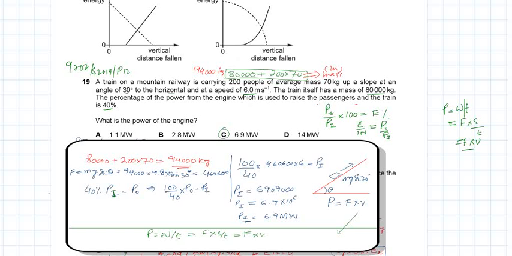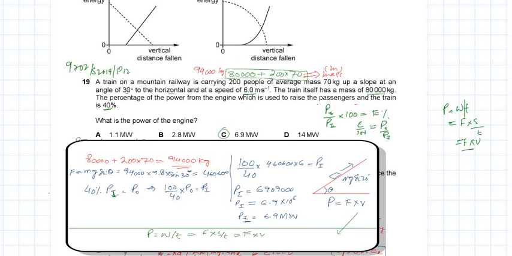Now force here, we could say the inclined plane having an angle of 30. So the weight of the whole engine plus the passenger is mg sine theta, because the component of the weight is being used over here. So this is the force, mg sine theta.